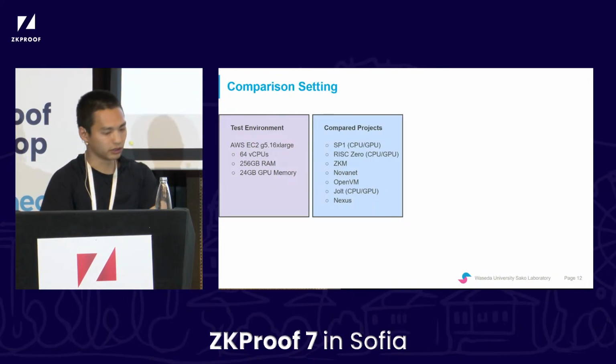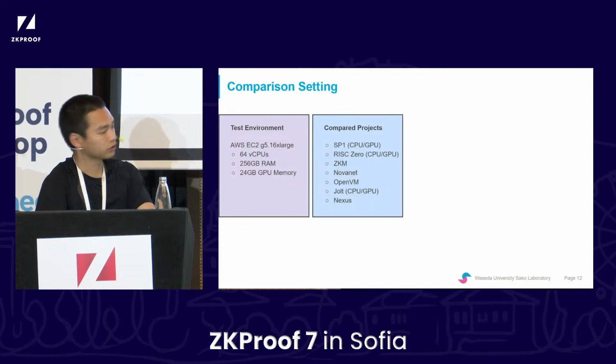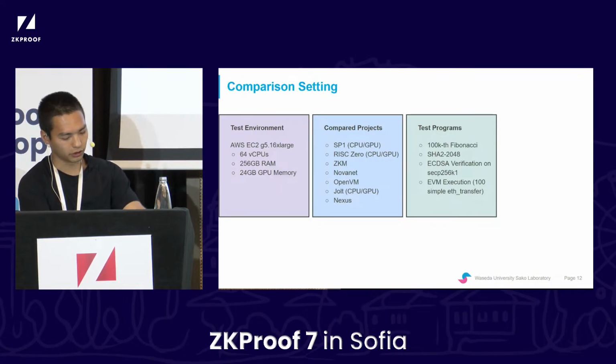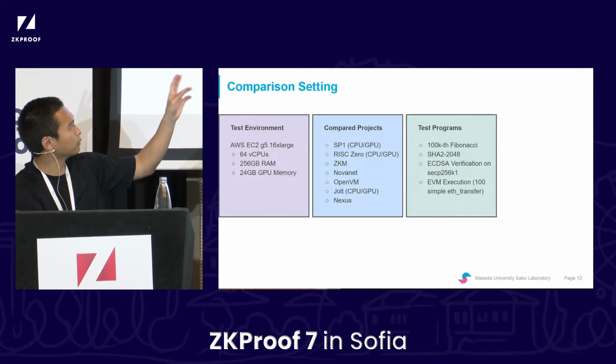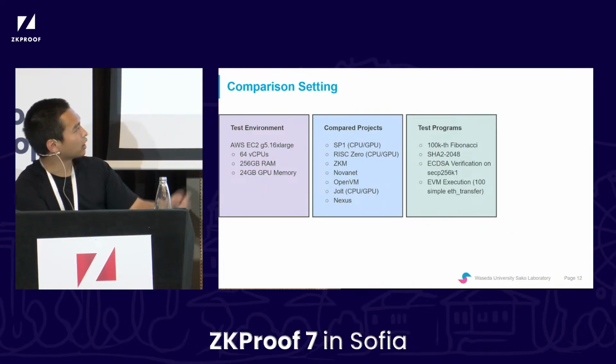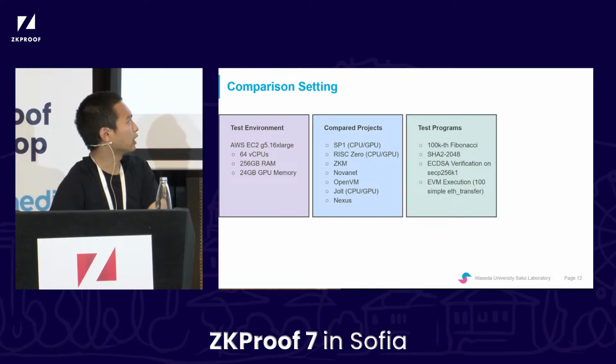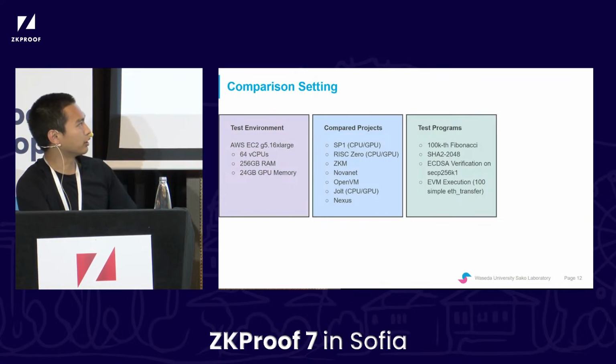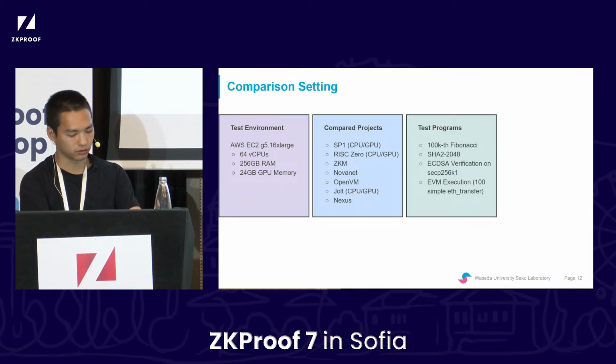And we compared the 7 projects mentioned earlier. Test programs included calculating the 100K Fibonacci number, SHA-2 with 2048 bytes, ECDSA verification on K256, and EVM execution of a simple 100 ETH transfer transactions.